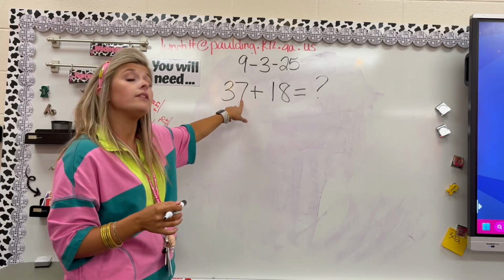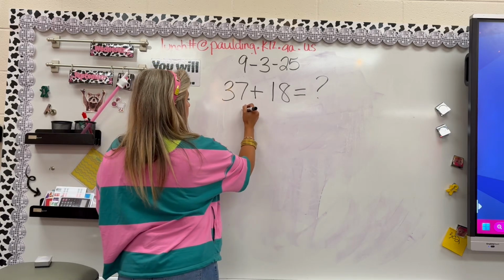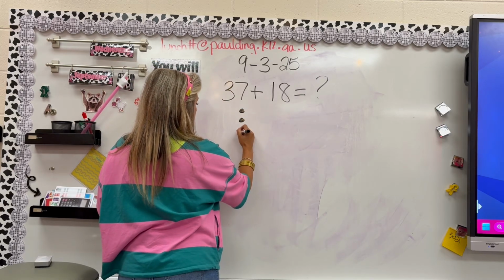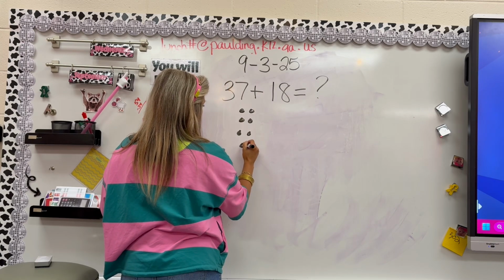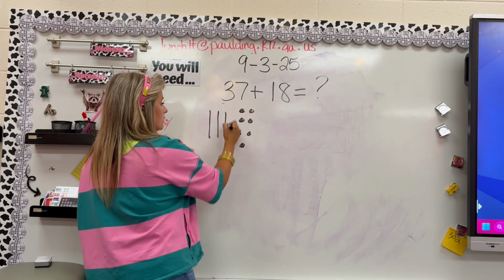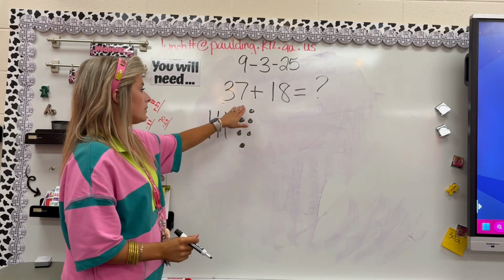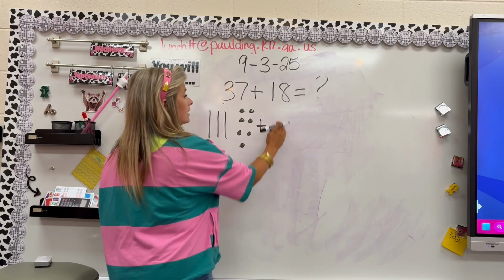Because 7 is in our ones place, we'll have 1, 2, 3, 4, 5, 6, 7, and then 3 tens. 1, 2, 3. That's 10, 20, 30, 31, 32, 33, 34, 35, 36, 37, plus the number 18.